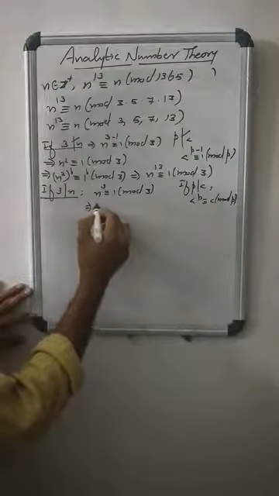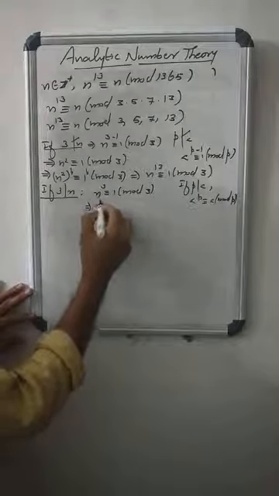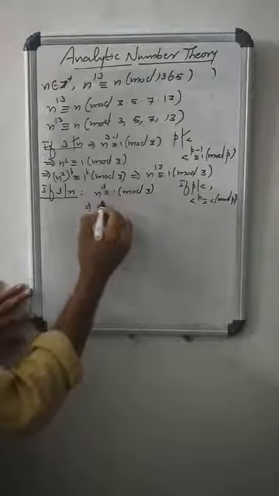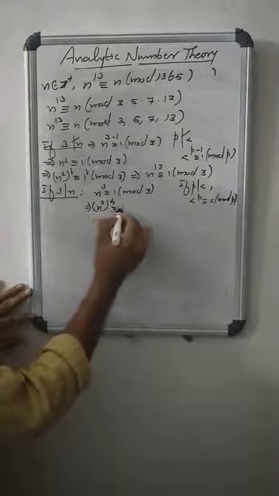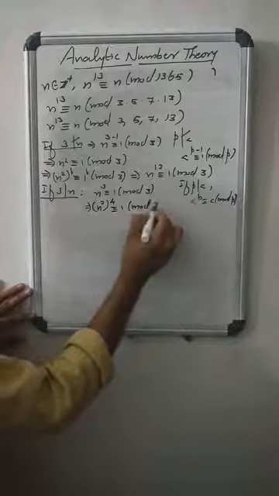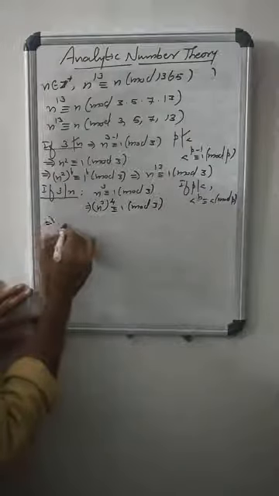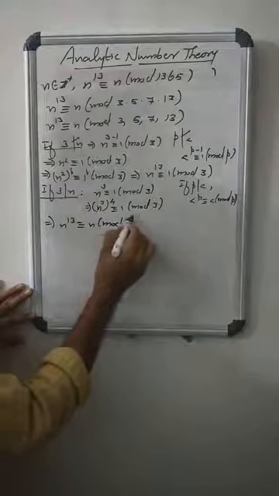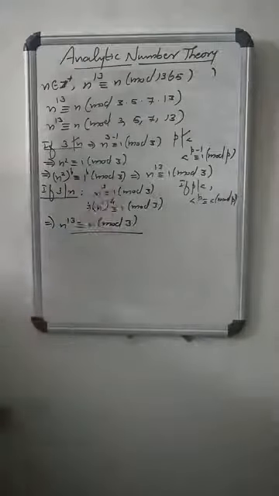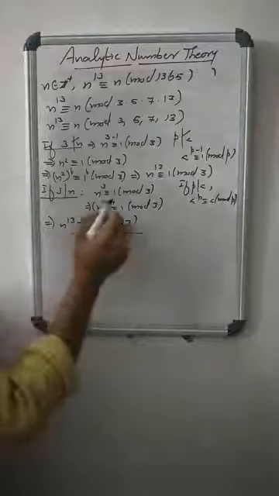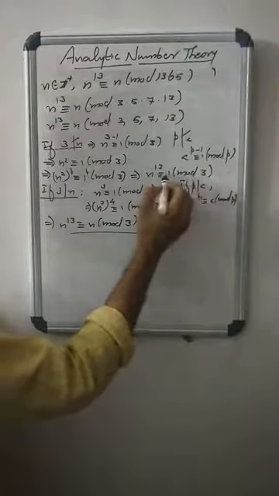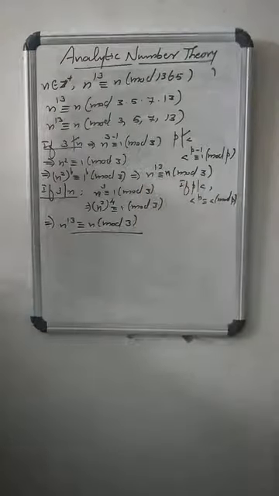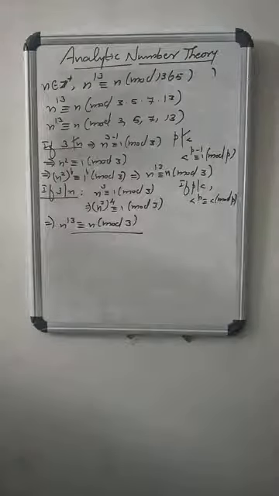That means n cube all power 4 is congruent to n mod 3, that means n power 13 congruent to n mod 3. So when 3 does not divide n, we showed that n power 13 is congruent to n mod 3, and when 3 divides n, n power 13 is also congruent to n mod 3.